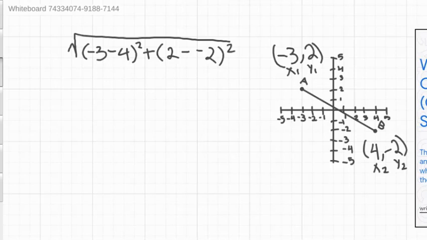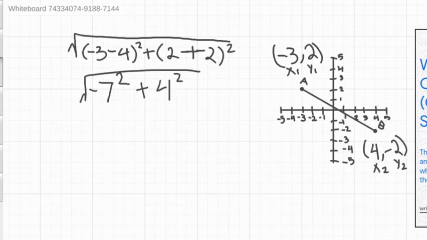And then we're going to simplify. We know that -3 minus 4 is just -7 squared plus 2 minus -2. We know that's just 2 plus 2, so we're going to add that together and we're going to get 4 squared.